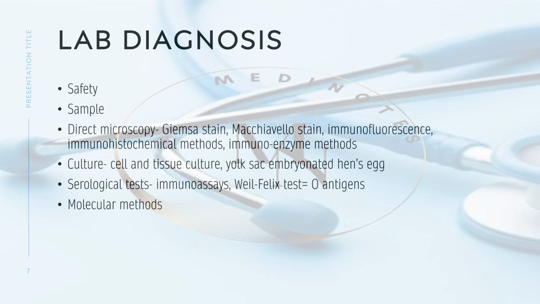This occurs based on the sharing of alkali-stable carbohydrate antigens with some rickettsiae, and because of this the antibodies appear rapidly, and the titers would reach up to 1 in 1000 or 1 in 5000 by the second week, and it is no longer preferred due to cross reaction and a cumbersome process. The next is the molecular methods. We use rickettsial DNA, which can be detected by the PCR method.